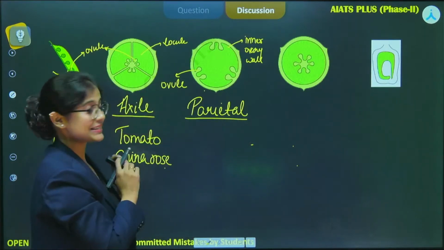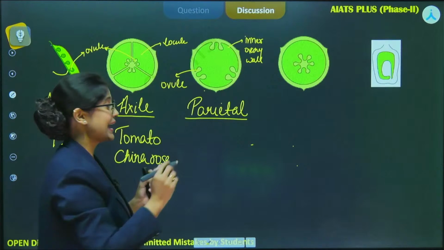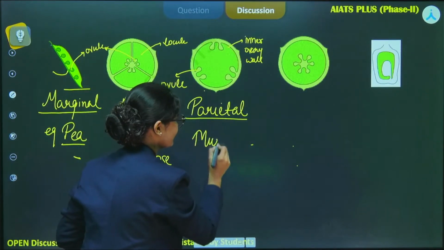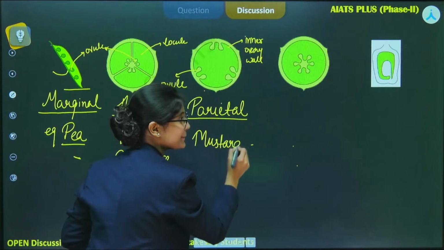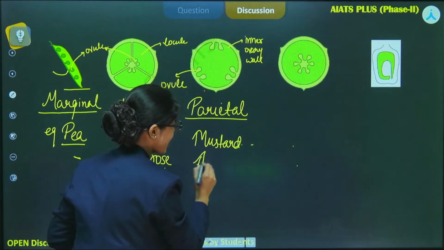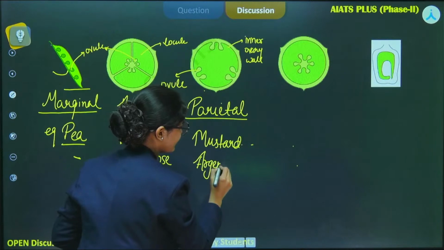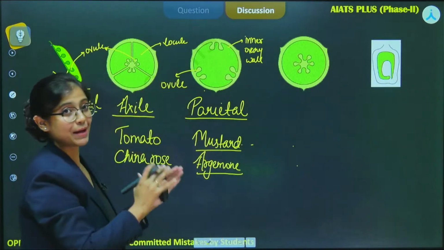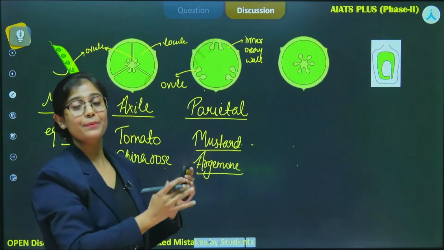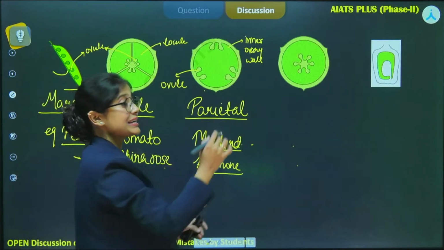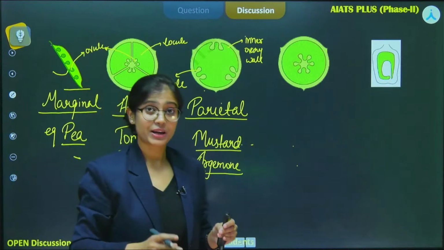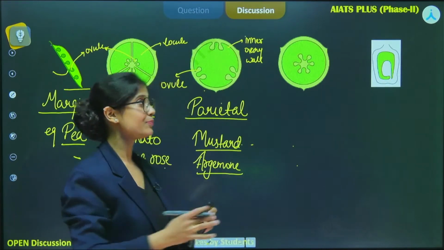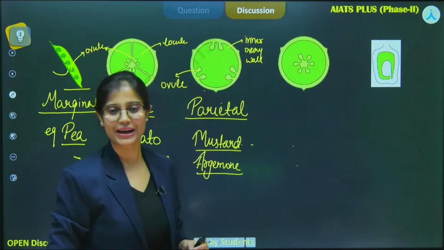This type of placentation is observed in Brassica, that means mustard, and in Argemone. So these are the examples. In them, false septum is also observed. In the NEET exam, a question has sometimes been asked previously: false septum is observed in which type of placentation? The answer is parietal.